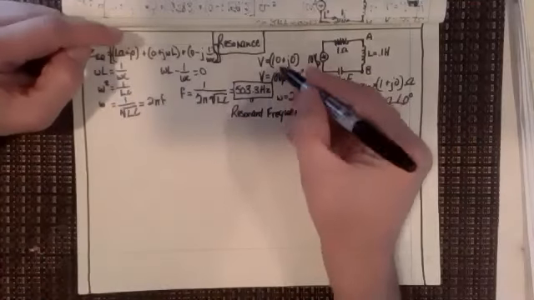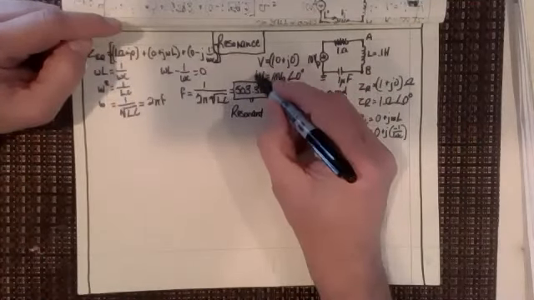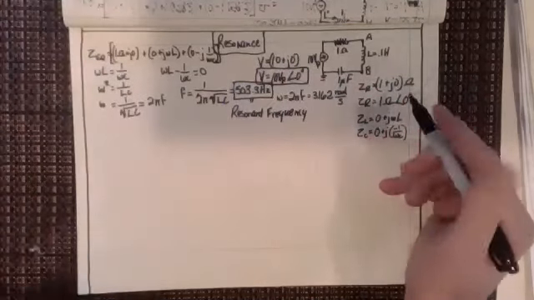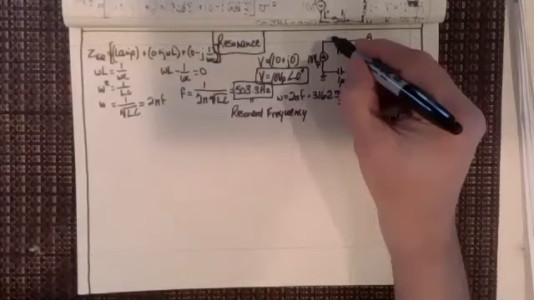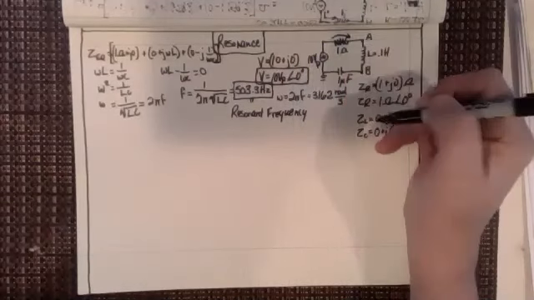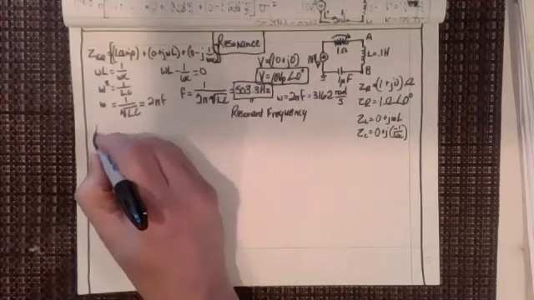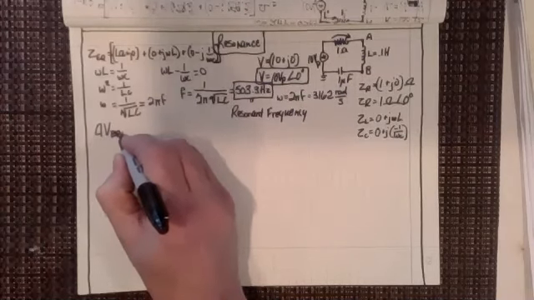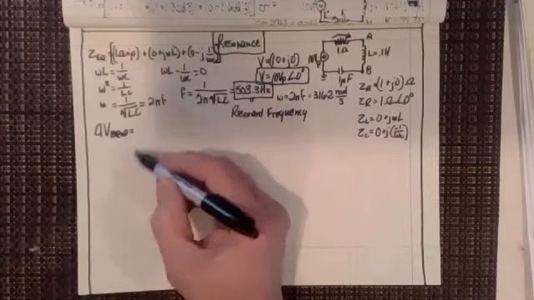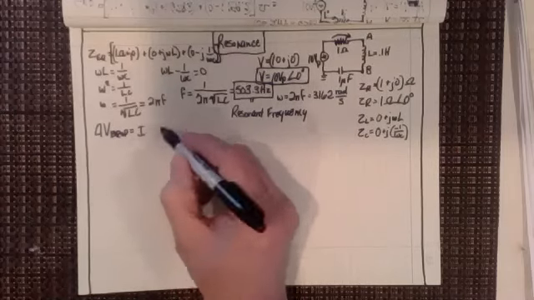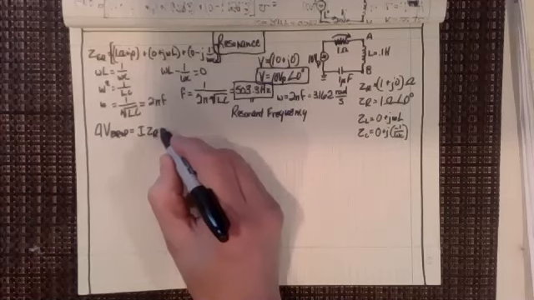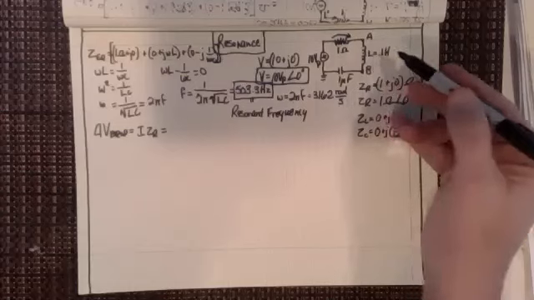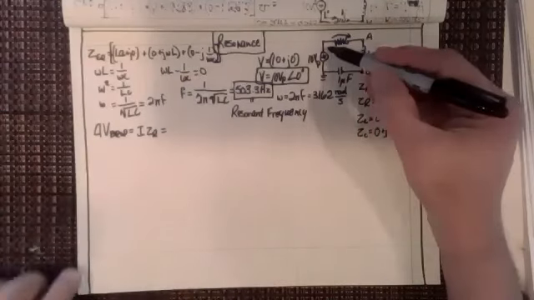Well, we know what the voltage is, right? We know that the voltage is 10 volts peak at 0 degrees. And let's look at the voltage drop across that resistor. The voltage drop over that resistor is going to be the current through the resistor times the impedance of the resistor. The current through the resistor we can figure out from this, because let's add these up.